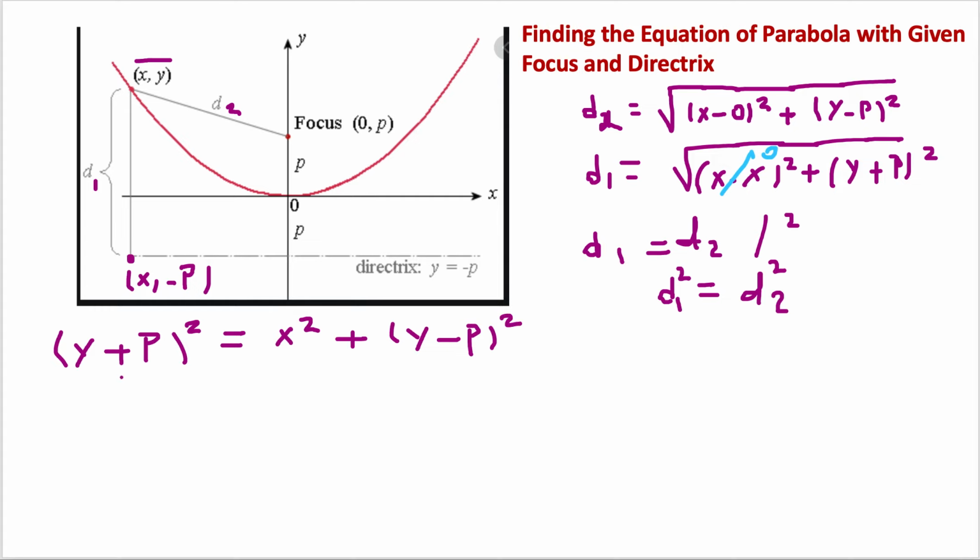These are binomials in a square, so we can use the formula: a plus b squared is equal to a squared plus 2ab plus b squared. On the left side, y plus p squared is y squared plus 2yp plus p squared.